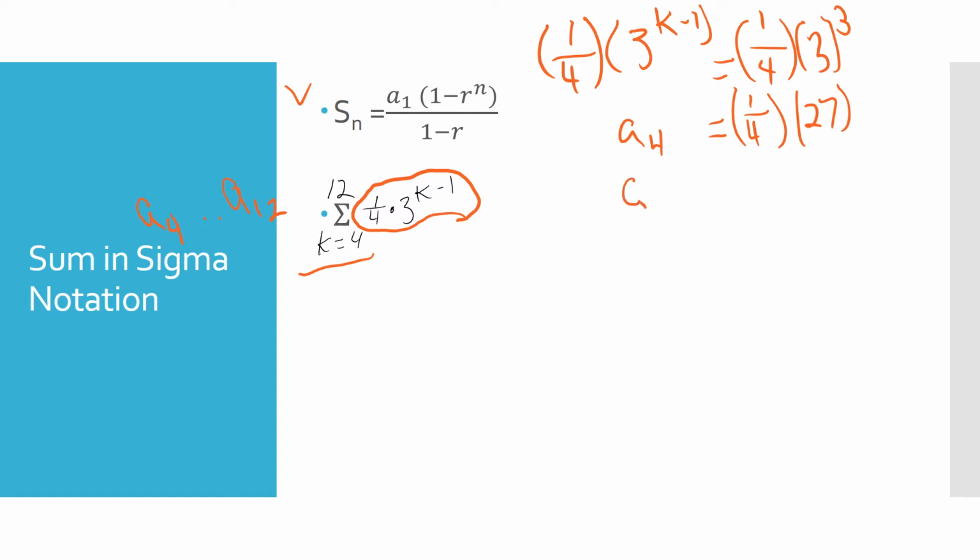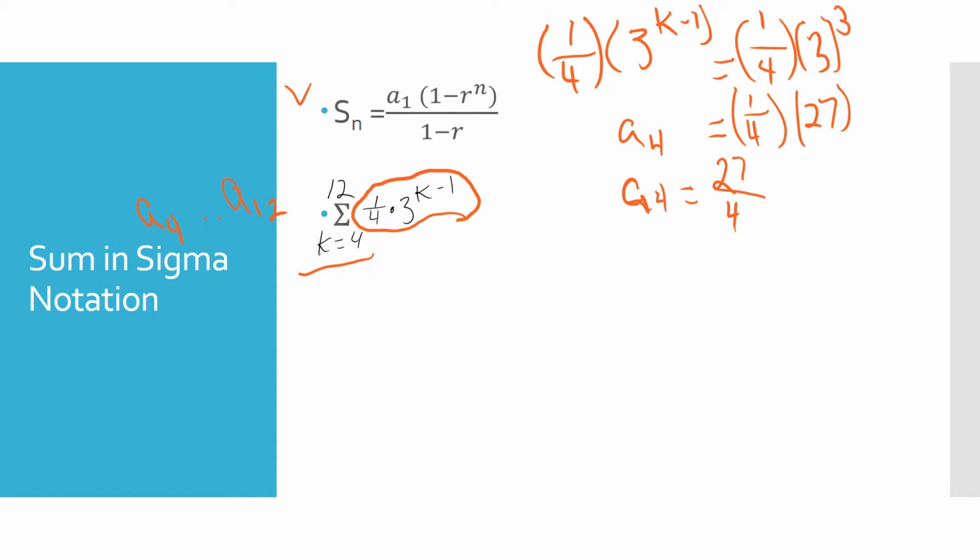And so A4 is going to equal 27 over 4. Now, we can use this and substitute it in for A1, not being the first number of the sequence, but the first number of the series, and we're going through A12.